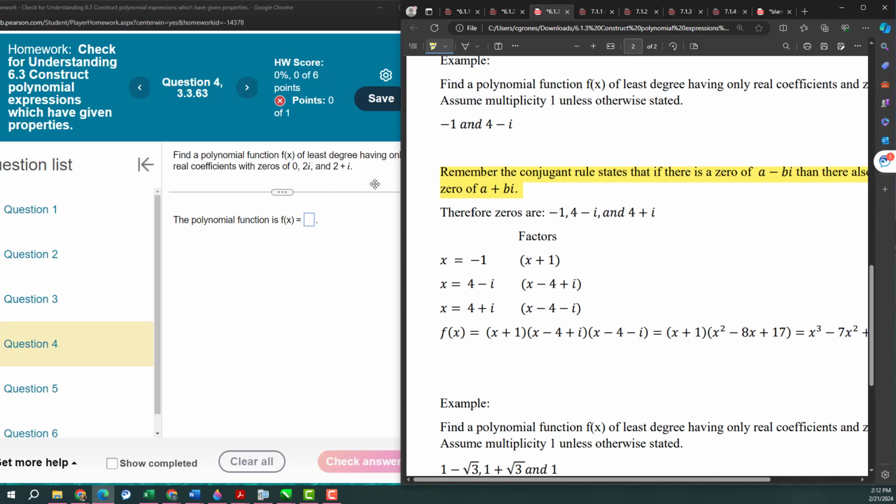So if you look at our problem, we have 2i and 2 plus i, and we are going to need the conjugates as well. So we are going to have 5 as our highest degree, so we're going to have an x to the 5th power because we have 5 zeros total.